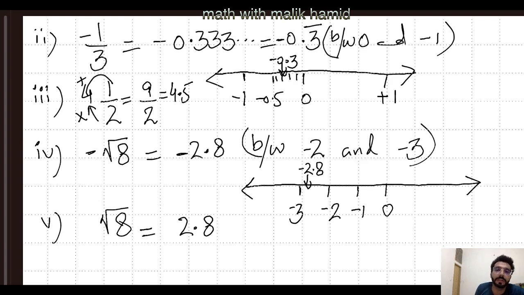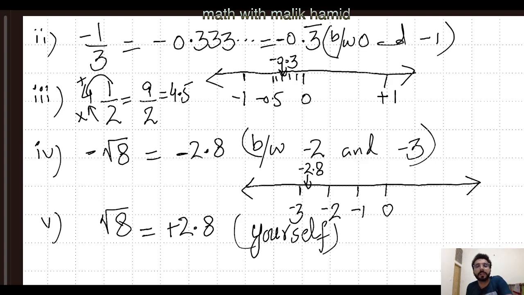Similarly, you can draw positive 2.8 by yourself. It's simple, just like we go toward the right side of origin, and it will be between positive 2 and positive 3.